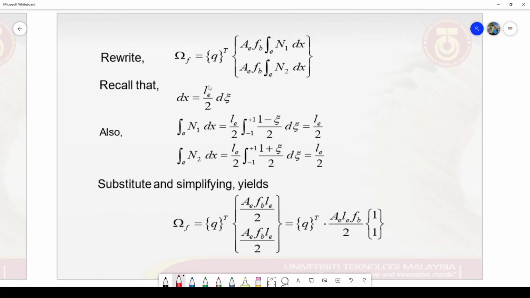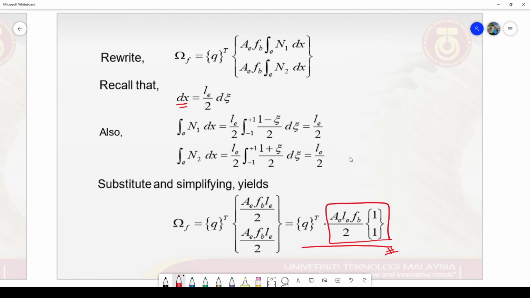While we expand it, we also substitute dx by L over 2 dz. Then we can obtain that the terms that contain the information about the body force are given by this expression, where the body force is contained only in this part of the equation.